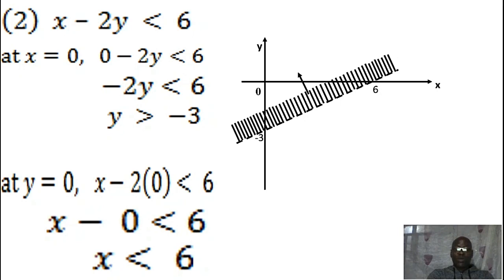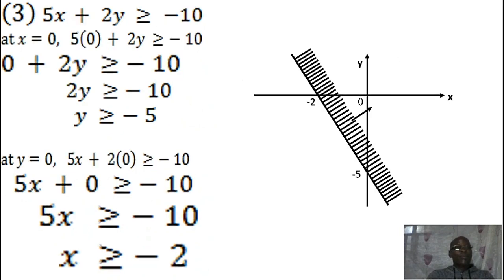Can we continue? Okay, let's check. Third one. 5x plus 2y is greater than or equal to minus 10. Just as we have been doing it, choose x to be 0, put in your values, you will get 2y is greater than or equal to minus 10.